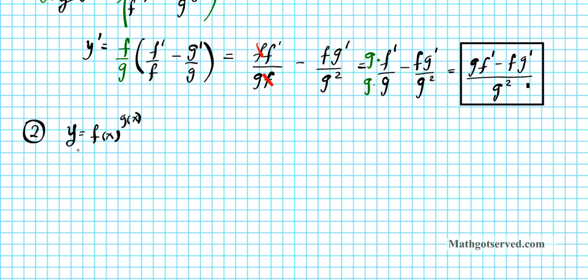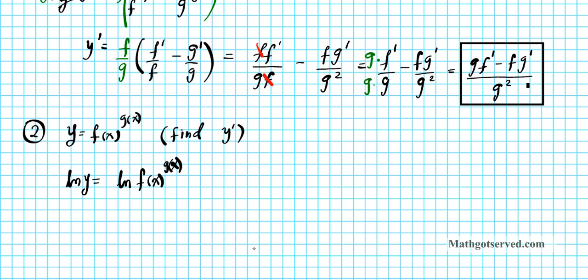So let's say we have a function like this, and we're expected to find y prime. So I'm going to do the logarithmic differentiation procedure on this general function, then we're going to do specific examples after this. All right? First thing you do is you take the natural logarithm of both sides. ln y equals the natural logarithm of f of x to the g of x.